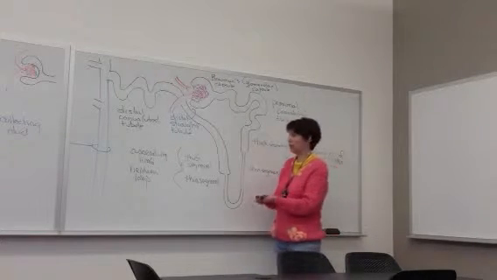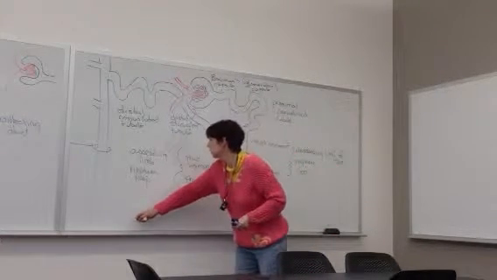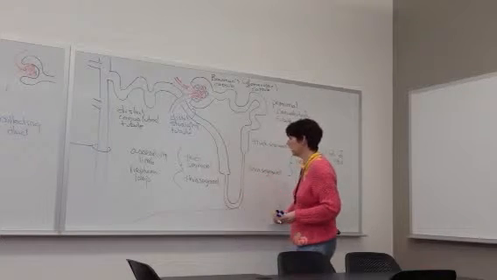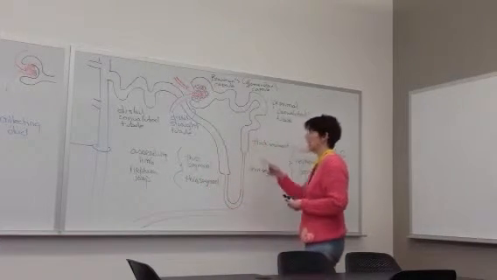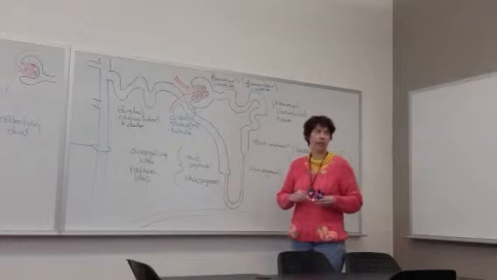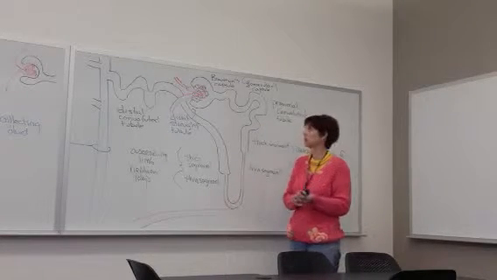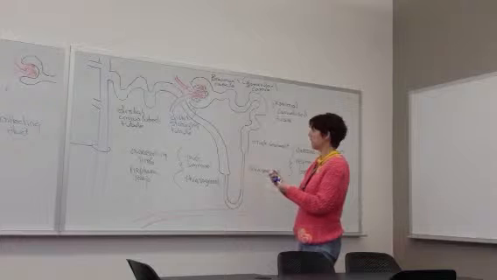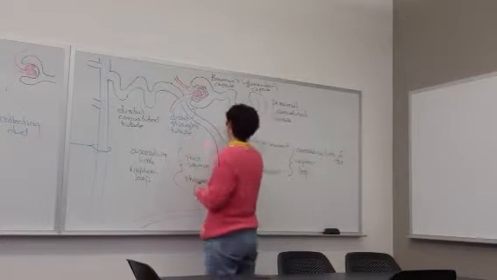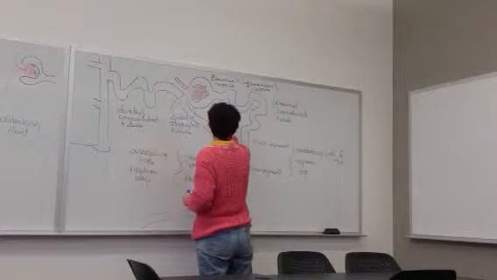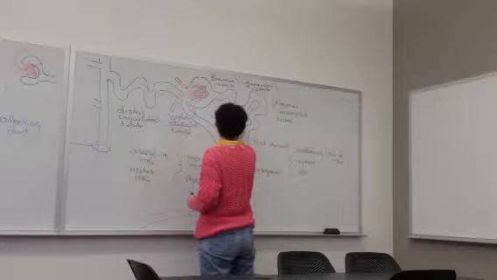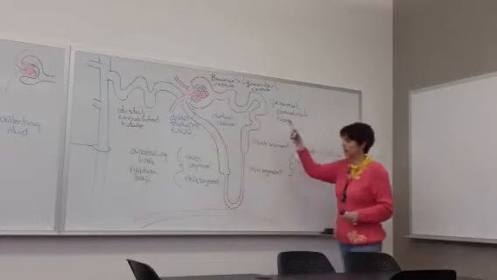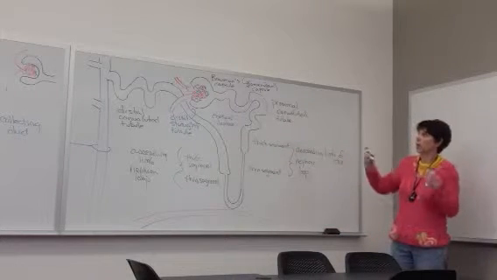So if the arcuate artery and vein are located here, then the entire nephron is within the cortex. And this would be described as a cortical nephron. The entire nephron is found within the cortex.